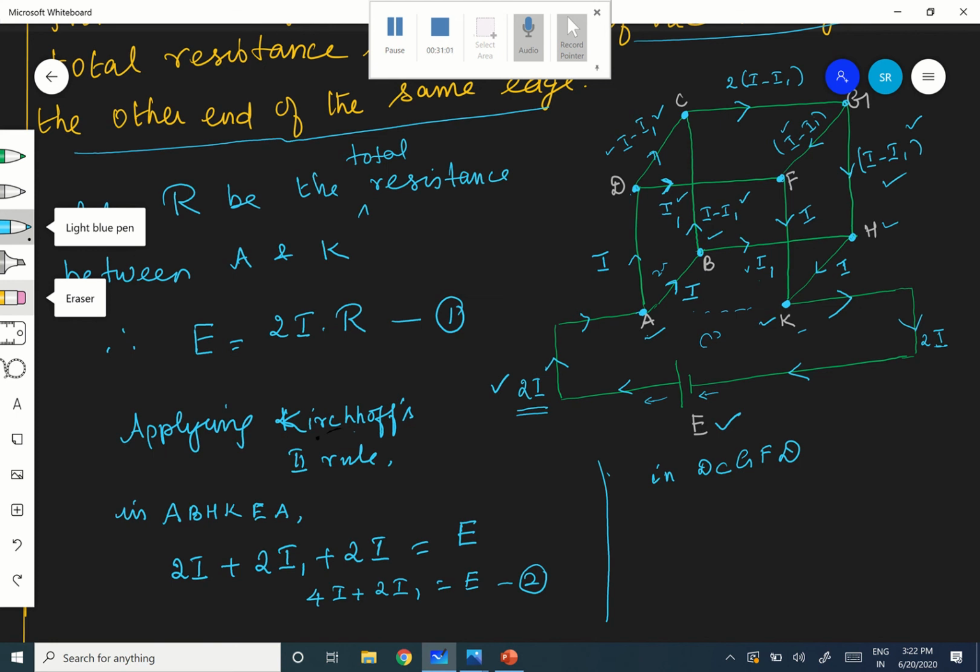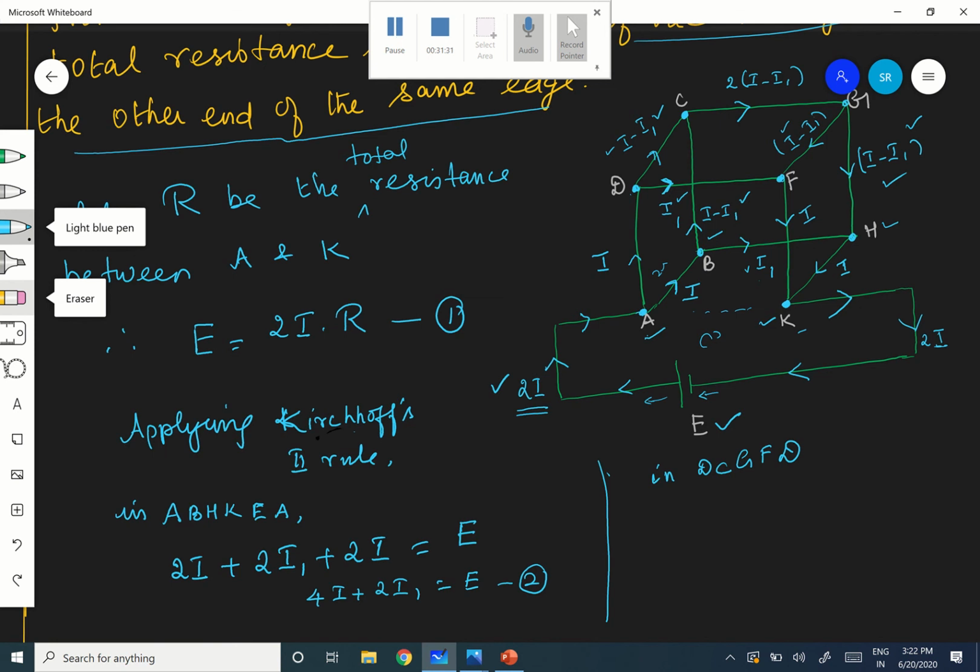Because we need at least two equations. Why? Because there are two unknowns. You don't have an idea about E also. So we need one more equation here. Why? Because I is there, E is unknown, and I1 is there, so you need one more equation to solve. So what I am doing, I am taking another closed loop here.